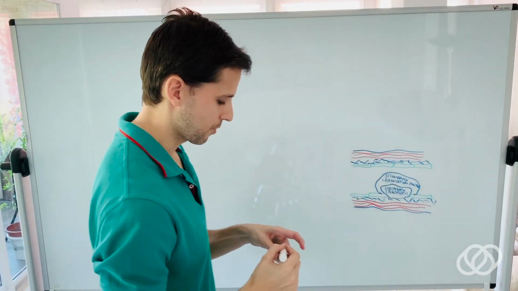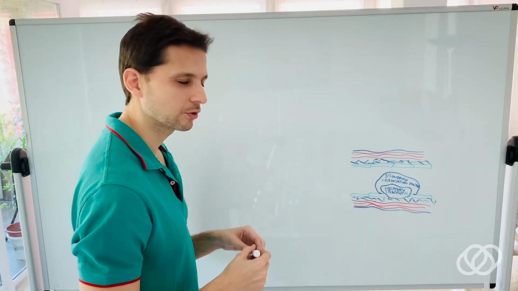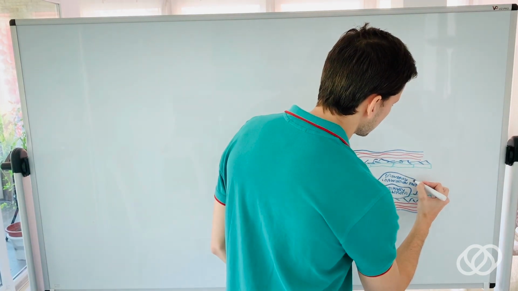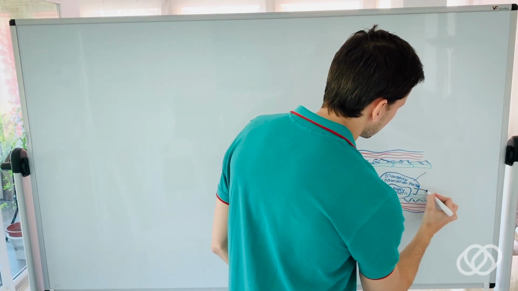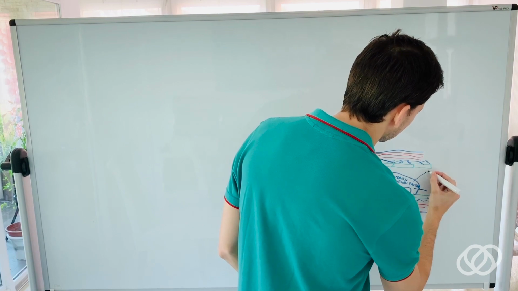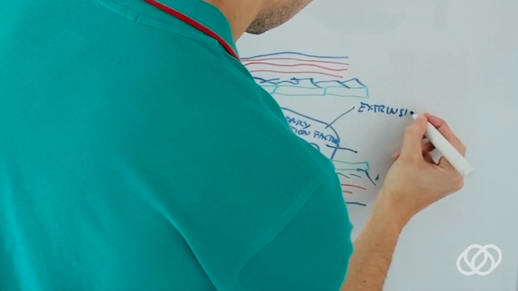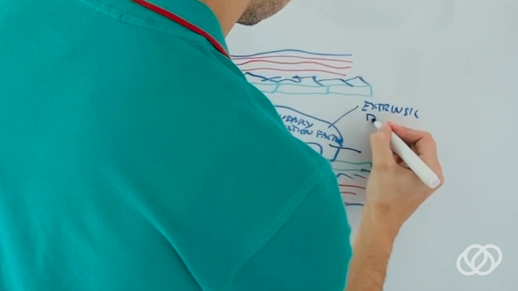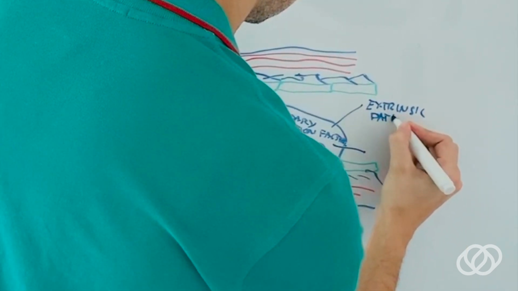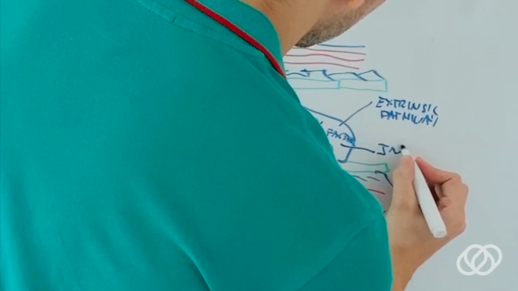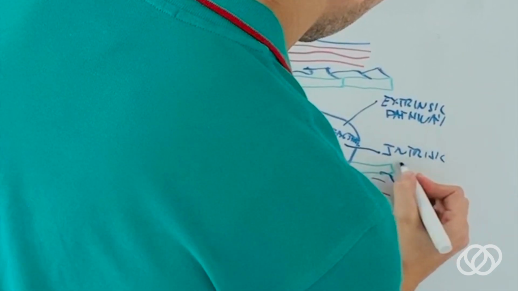For this secondary hemostasia, we will see that there are two pathways to get it: the extrinsic pathway and the intrinsic pathway.